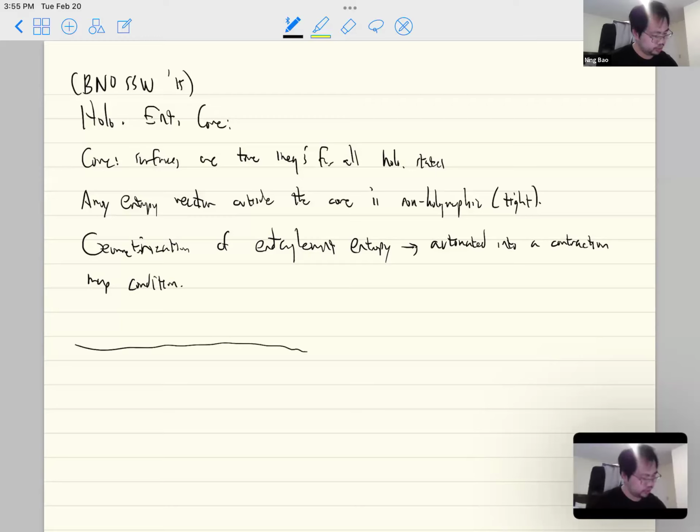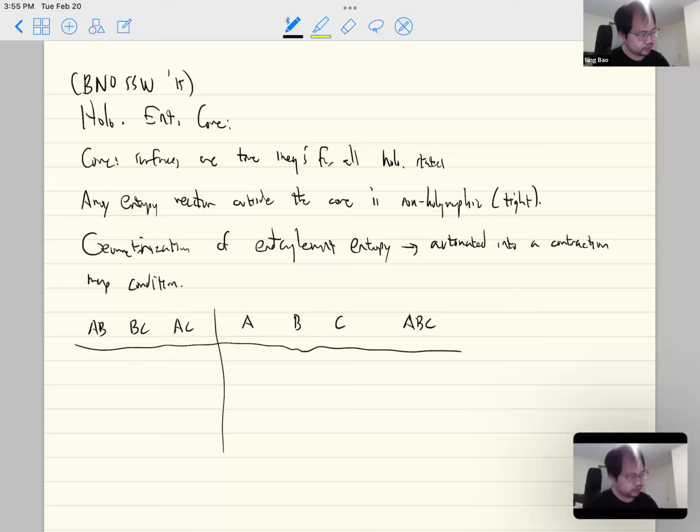So let's take MMI as an example. The left-hand side had an AB, a BC, and an AC, and the right-hand side had an A, B, C, and an ABC. So the terms that appear in the left and the right-hand side define the dimensions of a hypercube. So because there are 3 terms on the left-hand side, it's a 3-dimensional hypercube or just a normal cube.